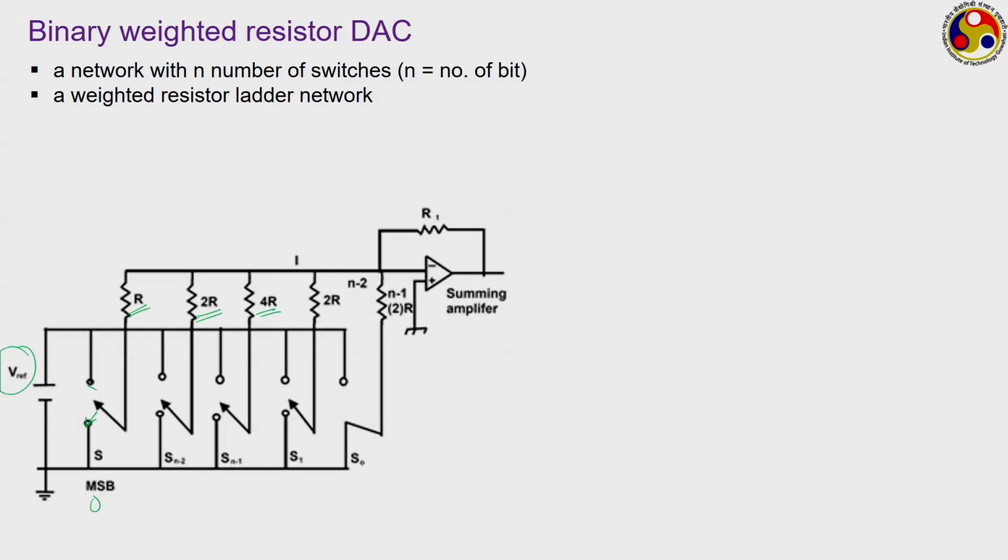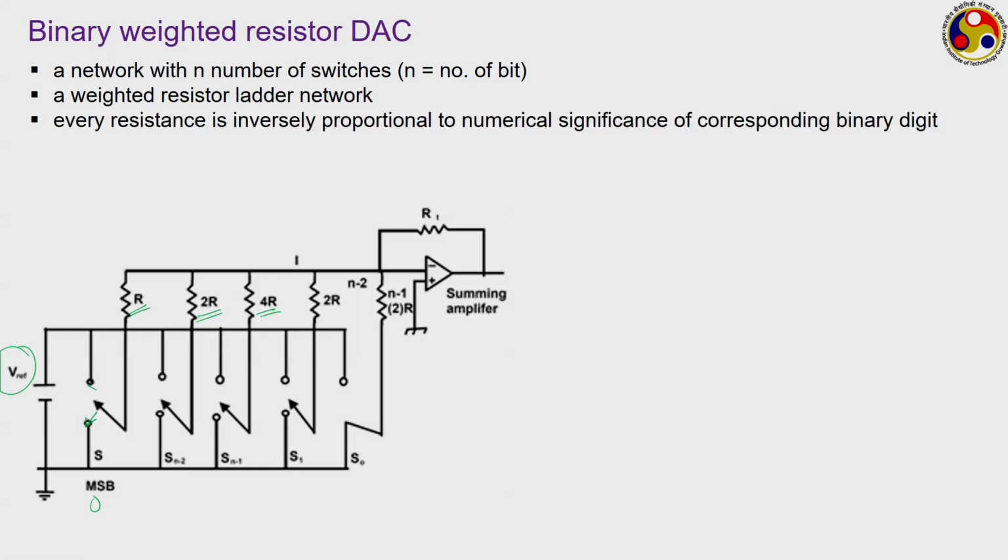Then in the weighted resistor ladder network that we have here, every resistance is inversely proportional to the numerical significance of the corresponding binary digit, just as I mentioned. For the most significant bit it is R, then it keeps on becoming double of the immediately neighboring one as we keep on going across the bits. Then what will be the resistor corresponding to the least significant bit?